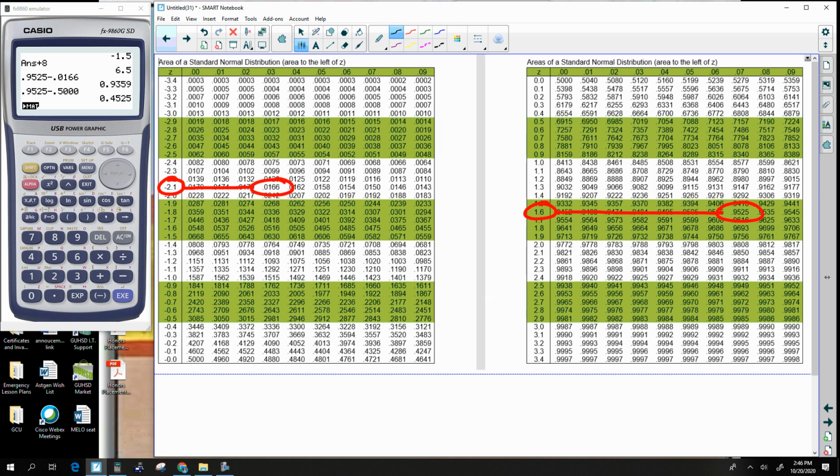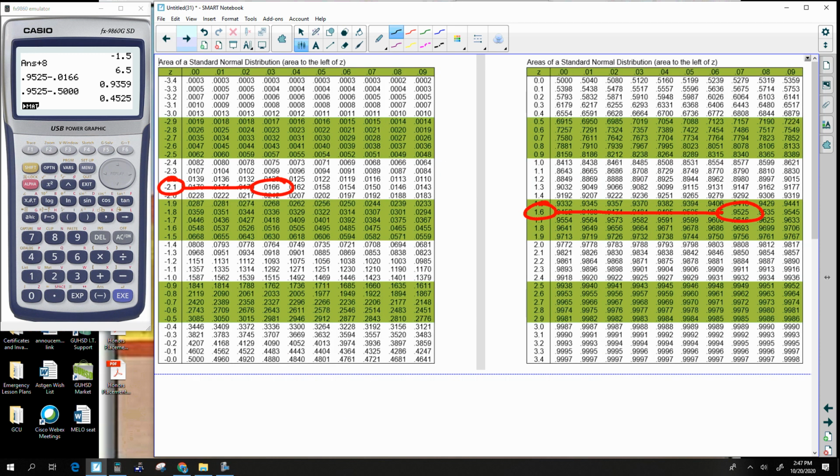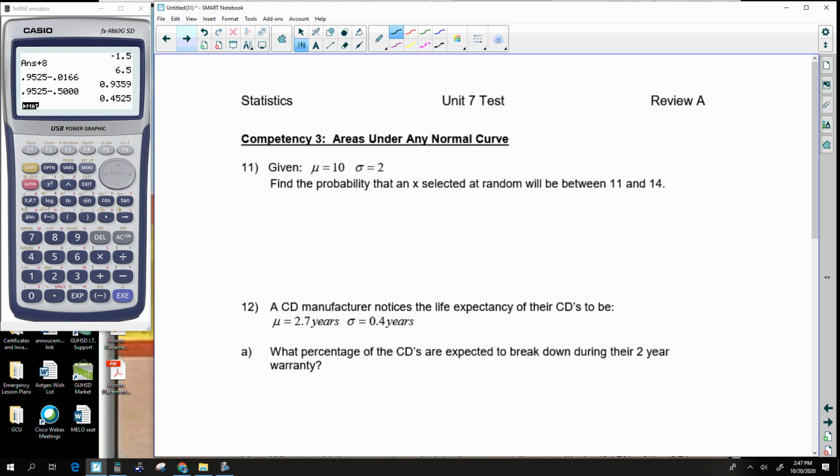If you need more help with competency 2, take a look at assignment 7C. 7C is where competency 2 is really touched on. Competency 3. So these are similar to the problems that we just got done doing.